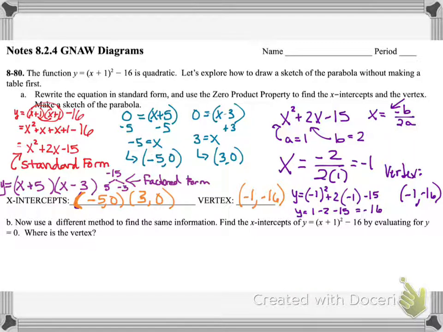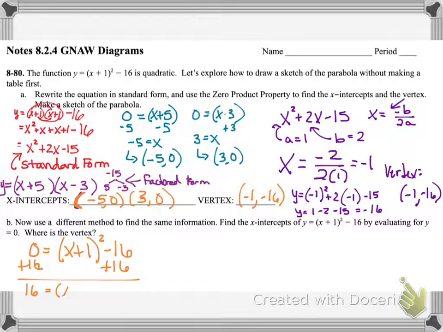So x-intercepts again are when y equals 0. So 0 equals x plus 1 squared minus 16. If I want x by itself, I add 16 to both sides. And I get 16 equals x plus 1 squared.